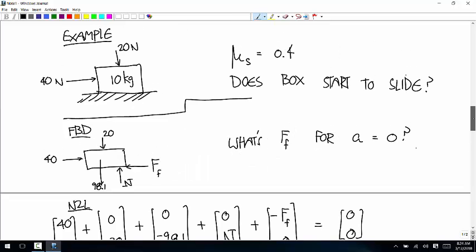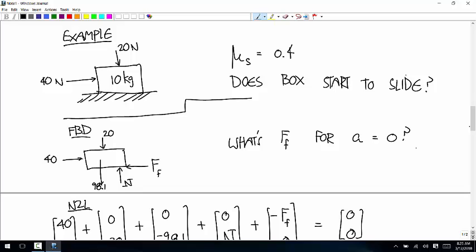So the thought process here is we want to know whether it moves or not. It's going to move if the static friction force that we're requiring to stay at 0 acceleration is bigger than the maximum. If it would take more for it to stay at rest than the friction can provide, then we know it moves.